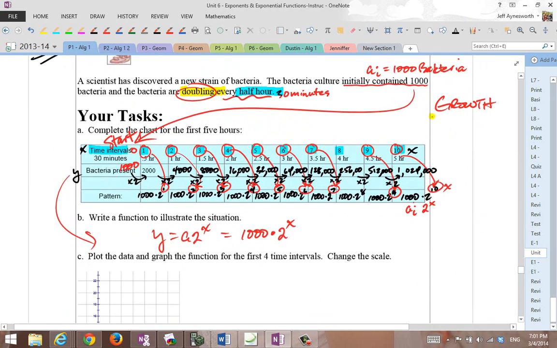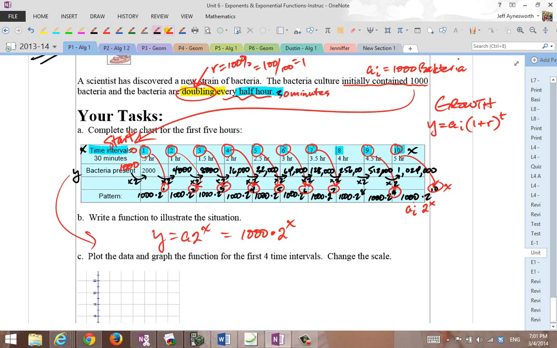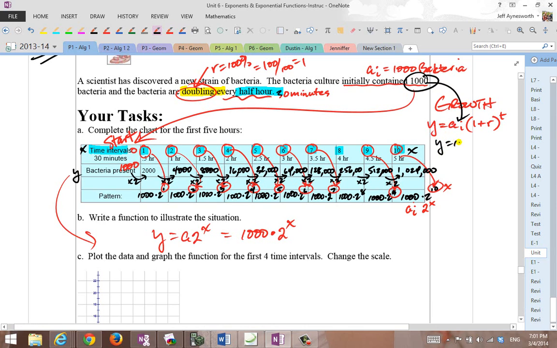So we have y equals a times the quantity 1 plus r to the t power, time intervals. So in this case right here, the growth rate doubles. So r is 100%. Right here, r, if it doubles, you grow by 100%, which is equal to 1. Well, 100 divided by 100, which is equal to 1. So r is equal to 1. So if you put in this function here the initial amount right there, you get y is equal to 1,000 times 1 plus 1.